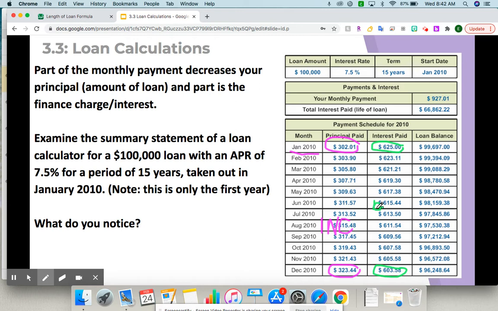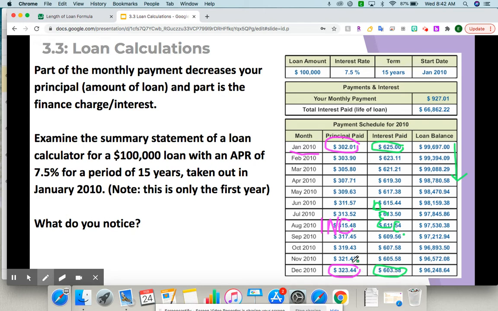So all of these numbers were decreasing. And that's simply because the loan balance is going down over time. So when we charge that same interest rate on our loan balance, it's not going to produce as much interest. So you don't have to pay as much towards interest. So the remainder of your monthly payment goes towards your principal.